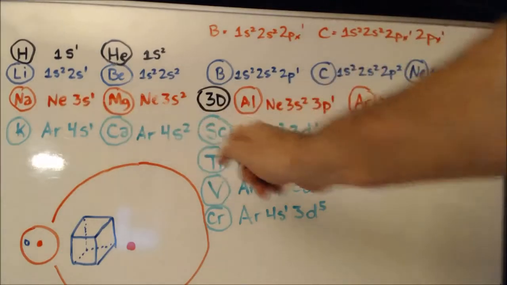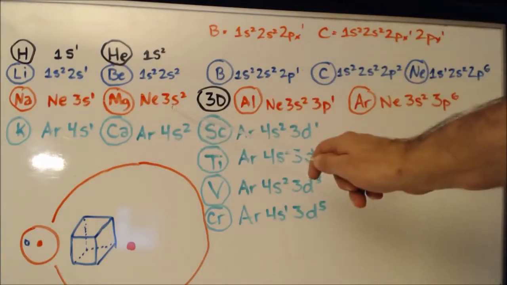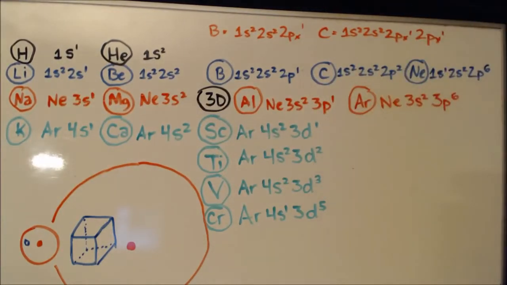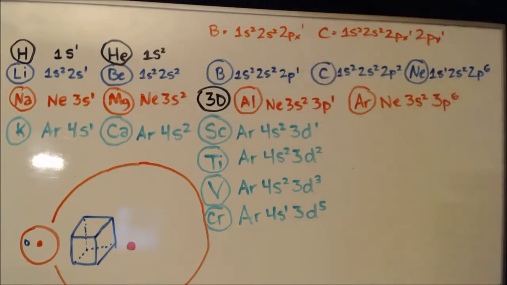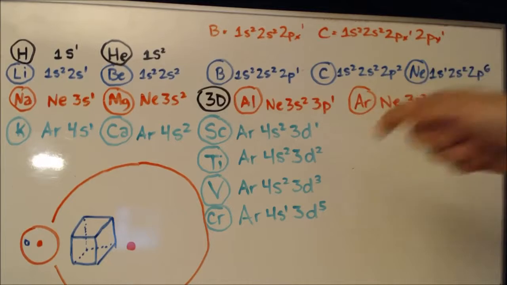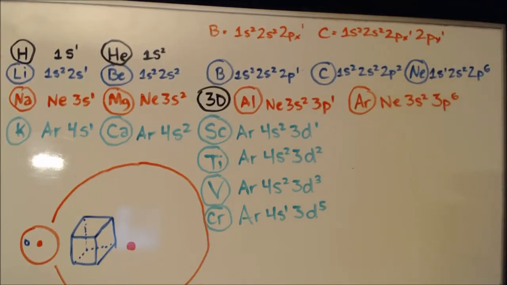Next one is magnesium. You just continue on. You had neon, and you're putting another electron into the same s orbital. So it's neon, 3s2. Now remember, there were 3d orbitals there, but they moved them down a row, because you don't put them in until you get to the 4th shell.